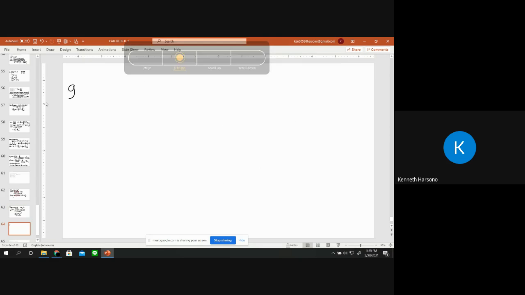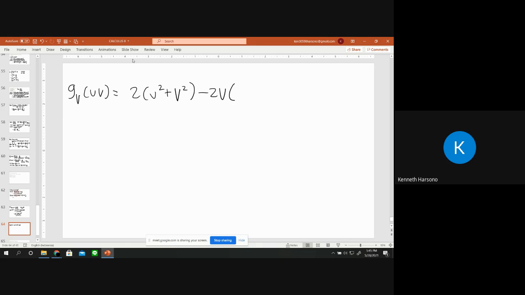And partial derivative of G in respect with V is just the same, but you have to derive it in respect with V. So this just became 2 V squared plus V squared minus 2VU plus 2V all over U squared plus V squared squared.